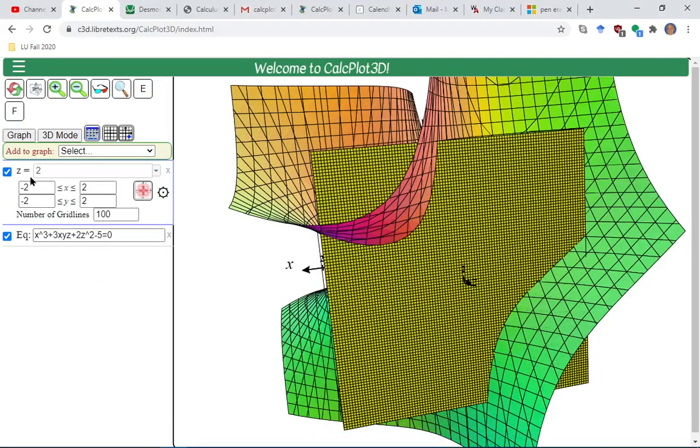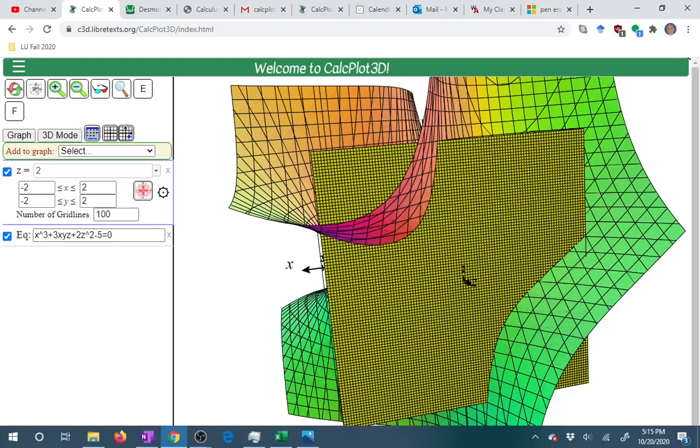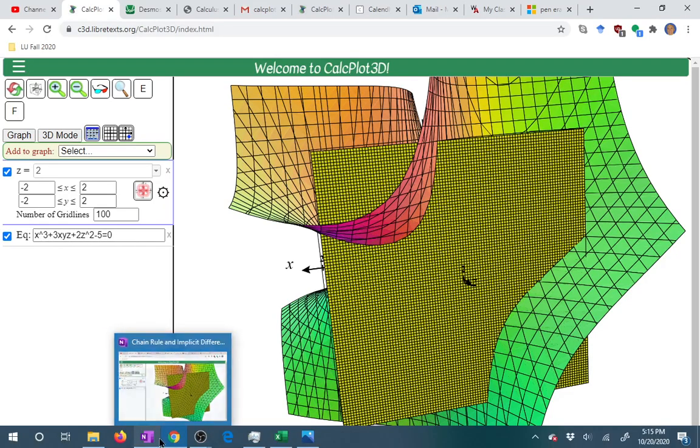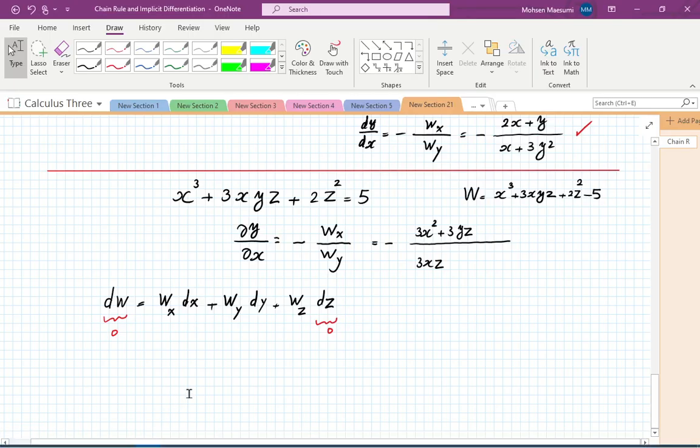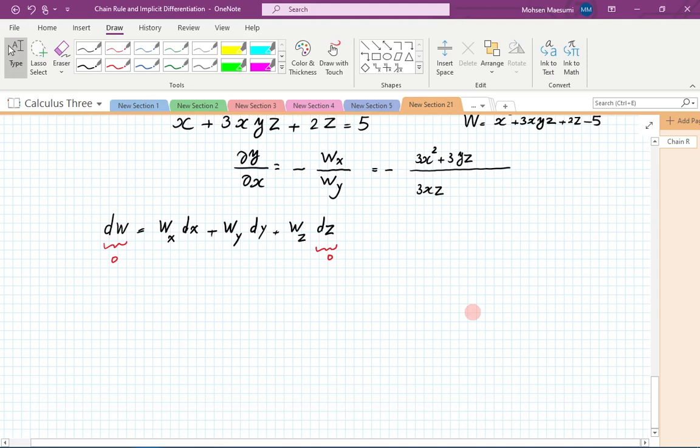When you are slicing it with some z equal to some number, that is the same as saying z doesn't change, which means dz is 0. And when you say w is 0, it means you are right on the surface. So two items are out, and two items are staying.